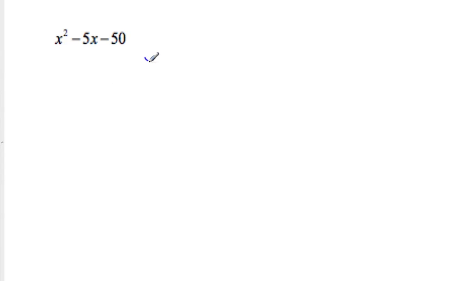So we have x squared minus 5x minus 50. So the same factors, 1 and 50, 2 and 25, 5 and 10. I know factoring means I have these parentheses, x and x, and it's multiplying to get 50 and combining to get negative 5.